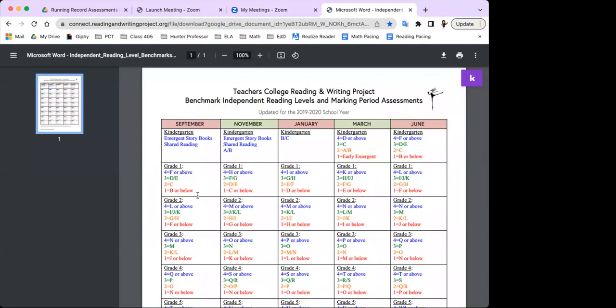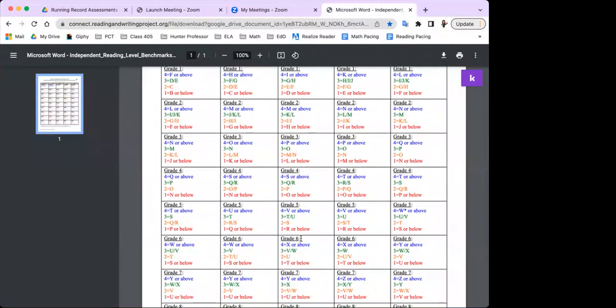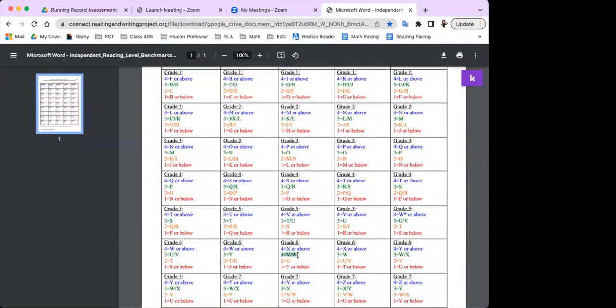If my student is in 6th grade and it's January, the student should be reading at about a V or W. This is helpful because it lets you know where students are and where they're expected to be, and it also helps parents and family members know where the student is in comparison to other students at that age.